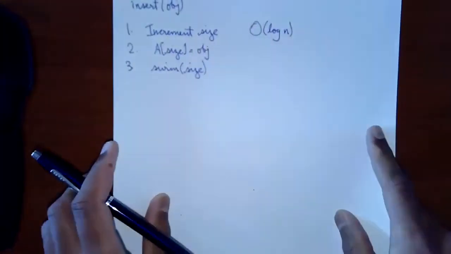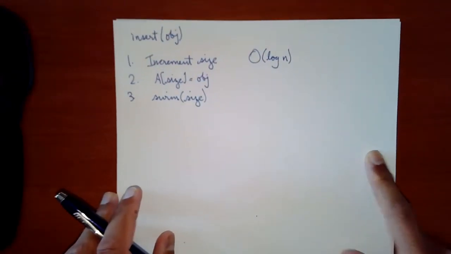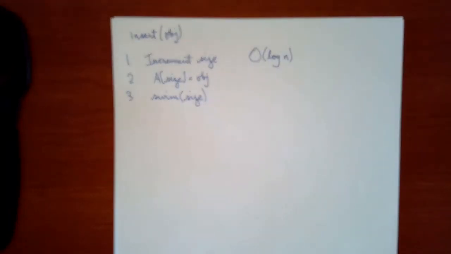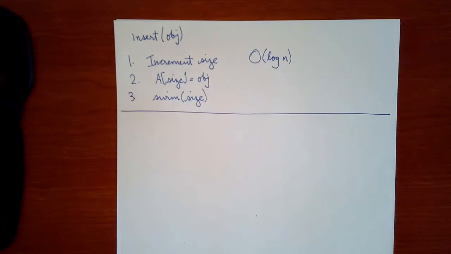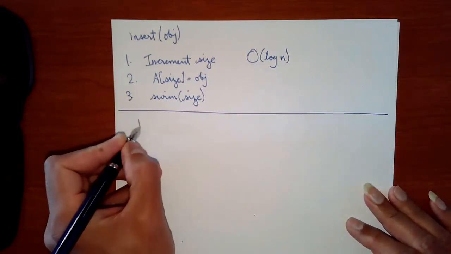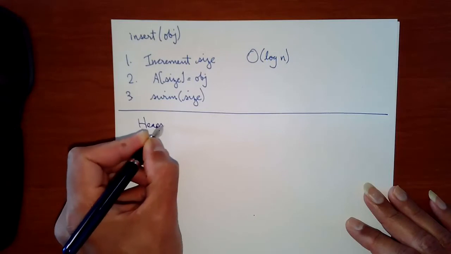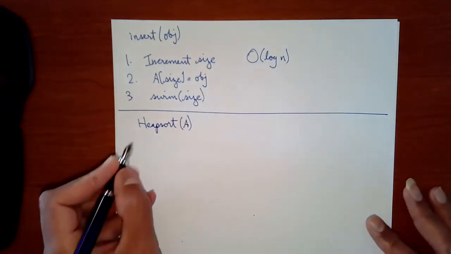Now here's something that you may not have seen, although many of you have probably heard about merge sort and quick sort as n log n time sorting algorithms. You can use heaps to sort, and it's called Heapsort.